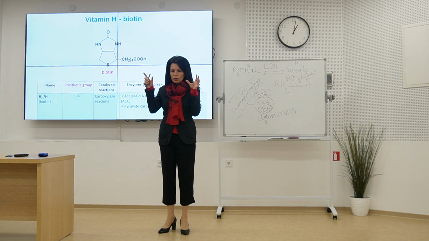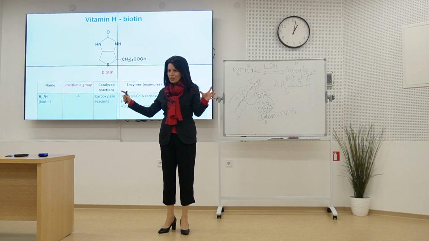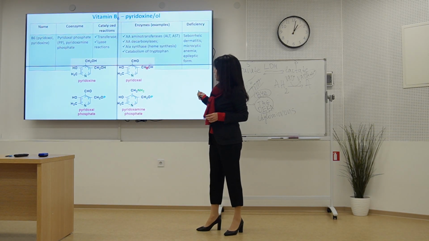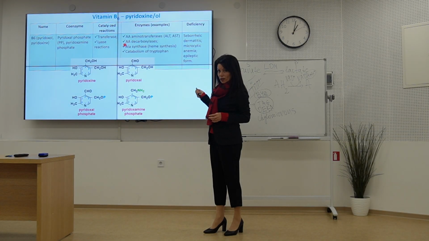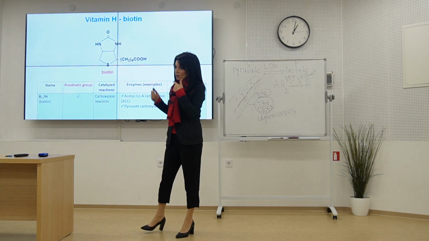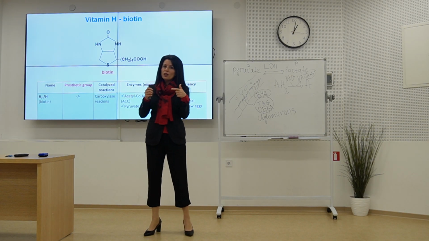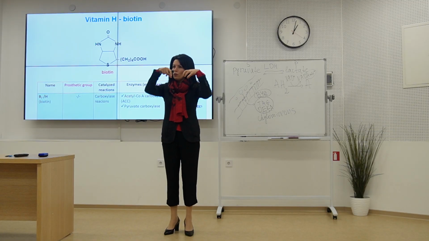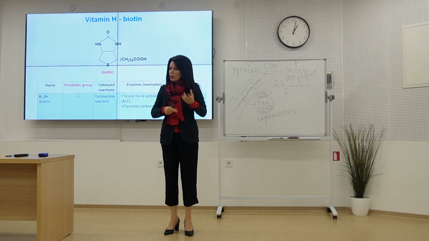You need to distinguish the carboxylation from decarboxylation. We said that in decarboxylation participates pyridoxal phosphate, but in carboxylation participates biotin. Carboxylation means that we take one carboxyl group and it will be incorporated into the substrate.